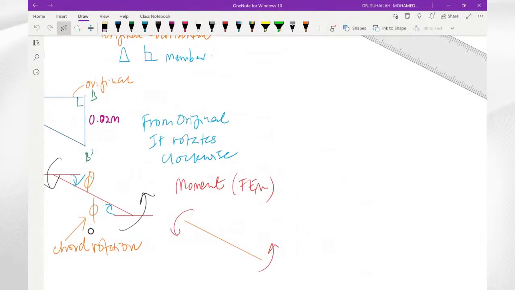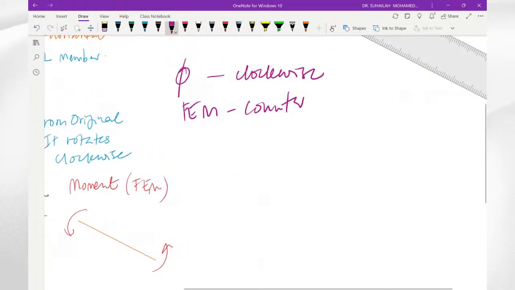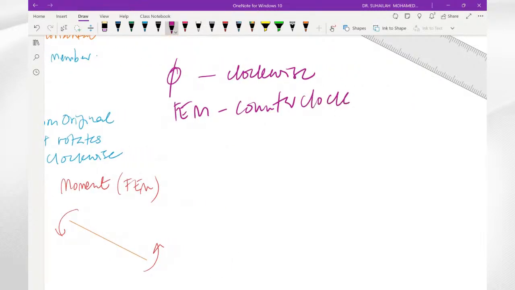And we can conclude as this. When chord rotation is clockwise, FEM is counterclockwise. It is opposite.